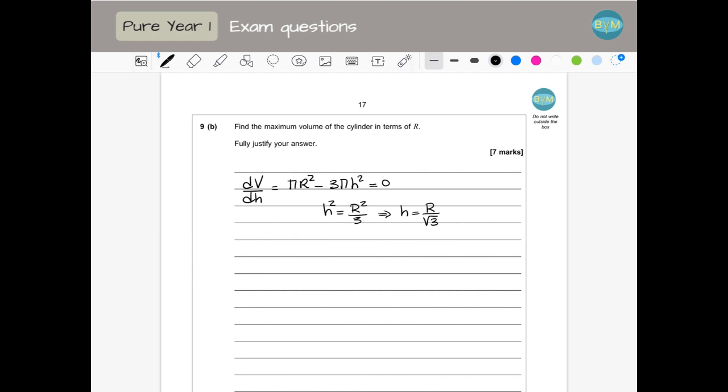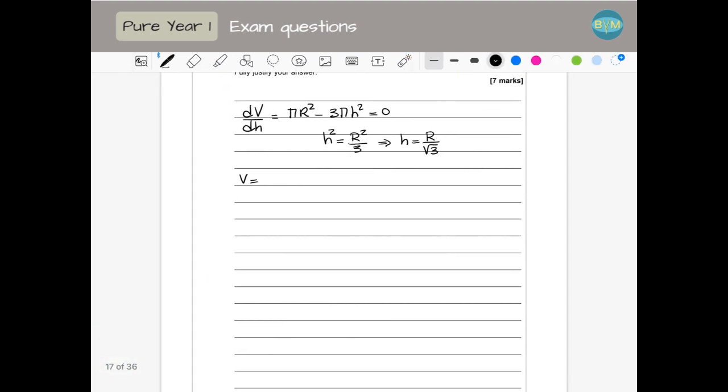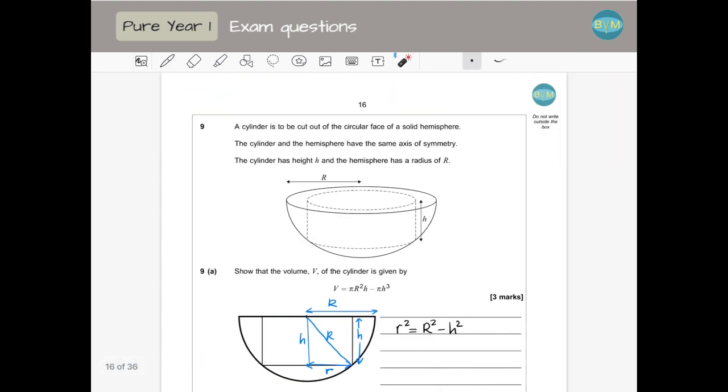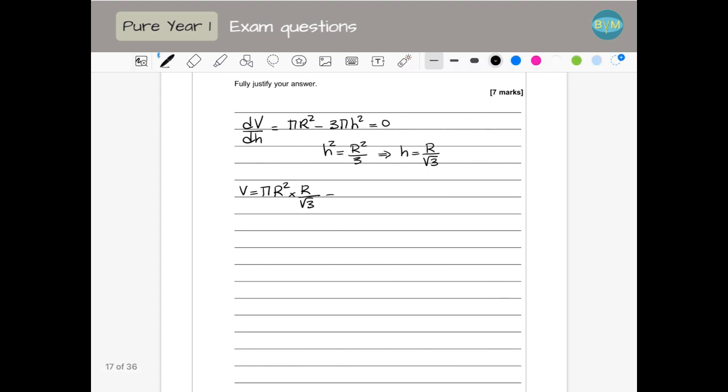If we go to the volume formula that we had before, the volume is going to be pi R squared h, and instead of h, I'm going to write the expression that I have for h, R over root 3, minus pi h cubed.